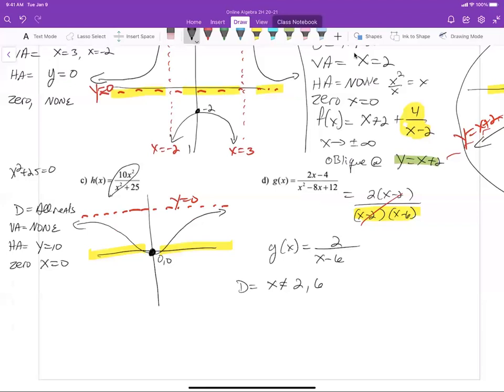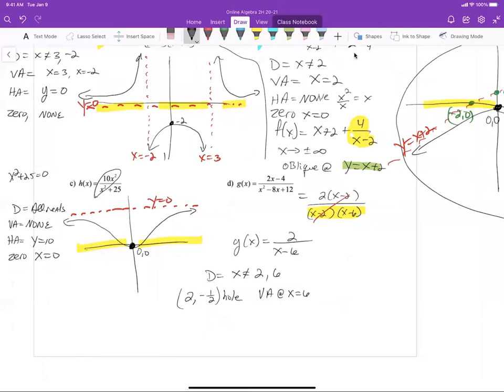So I actually have a value. So as X approaches 2, I'm approaching the point 2, negative 1/2. So I have a hole at that location. When X approaches 6, the denominator becomes 0 and the numerator stays 2. So I have a vertical asymptote at X equals 6.